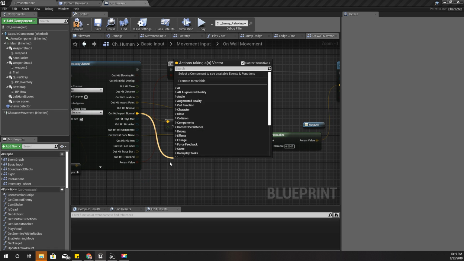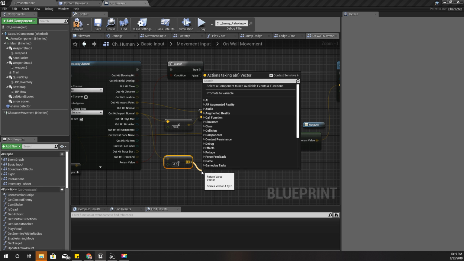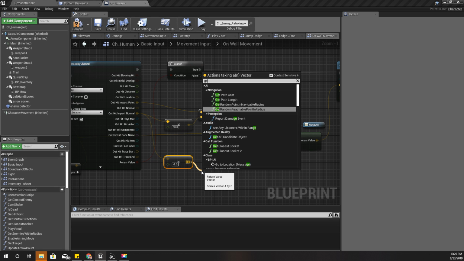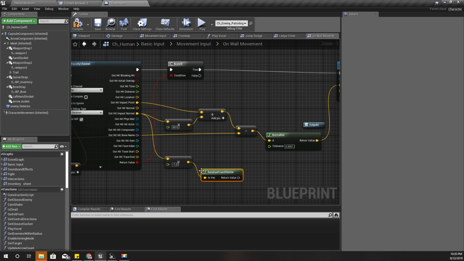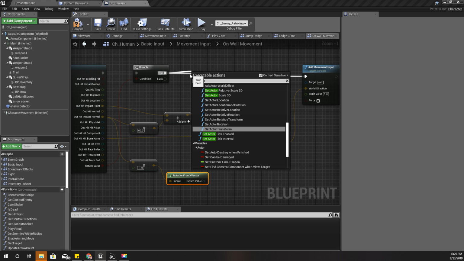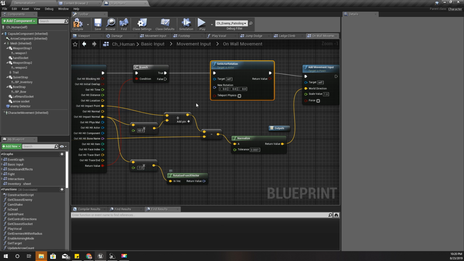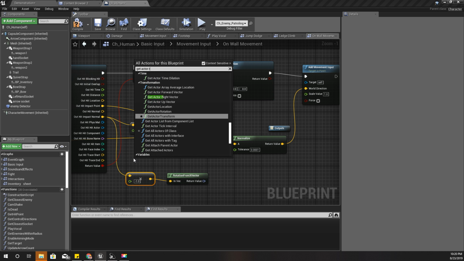Hit impact normal, multiply this by -1, otherwise the character will rotate to the opposite side of the ledge, and then get rotation from X vector, and then let's set actor rotation, and let's lerp this, get actor rotation.